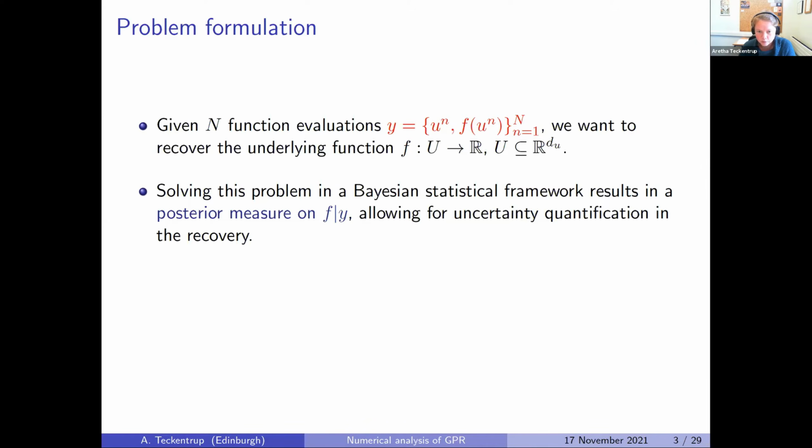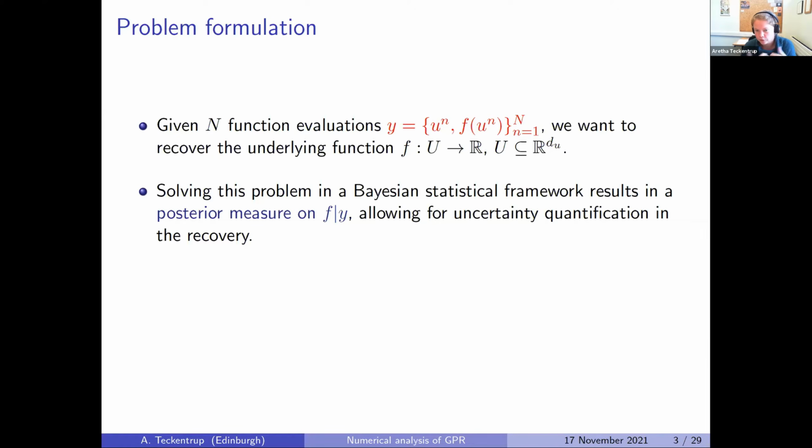And it's also not a problem that is actually very easy to solve, right? So in complete generality, if the function f can really be anything, this is quite a difficult problem to solve. Your f could be very complicated. It could, for example, be multi-scale, so it could involve many different length scales. It could be very high dimensional, so this domain of f could be very high dimensional.